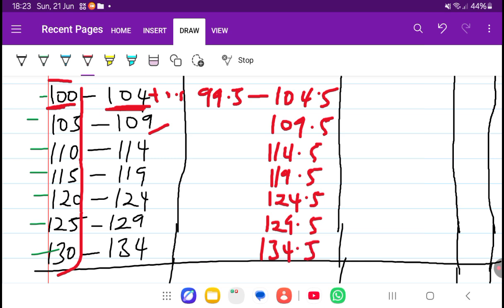Now what are you going to do? Let me first remove this. Let me use a different color.